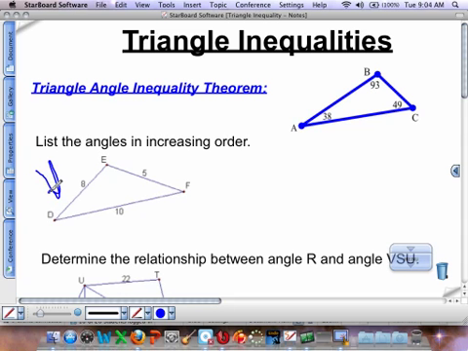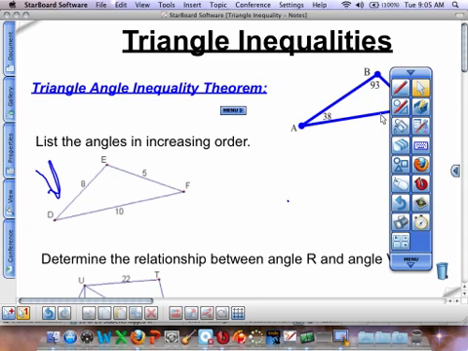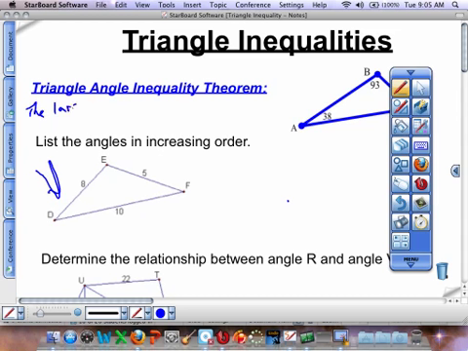The largest angle is opposite of the longest side.